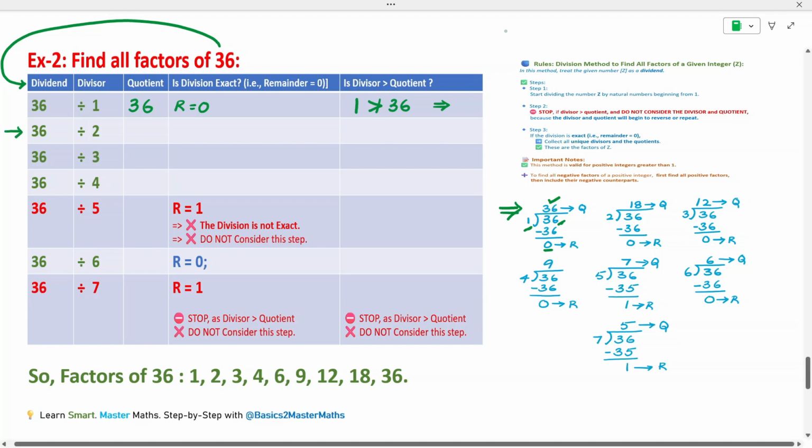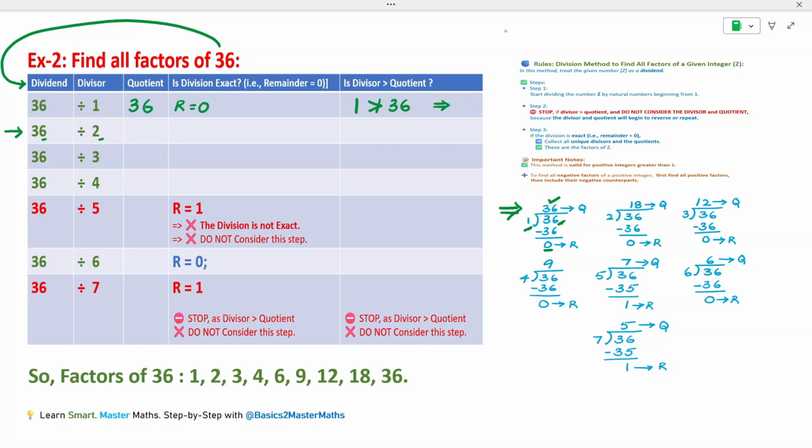Here, when we divide 36 by 2, we get 18 as the quotient and 0 as the remainder. In this case, the divisor is 2, which is not greater than the quotient 18. So, continue to the next step.